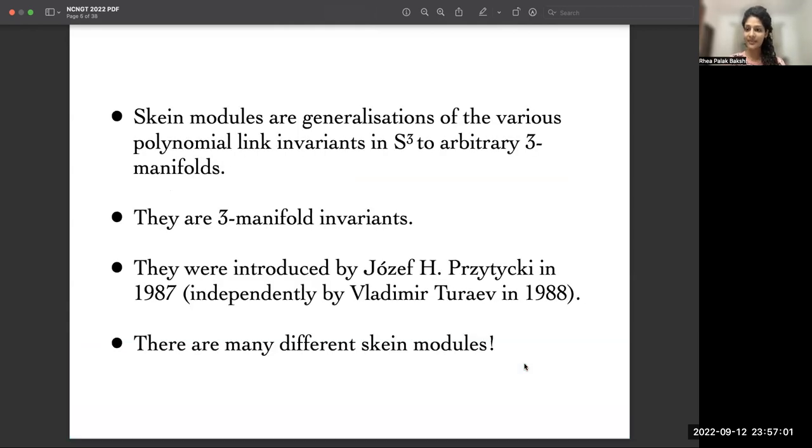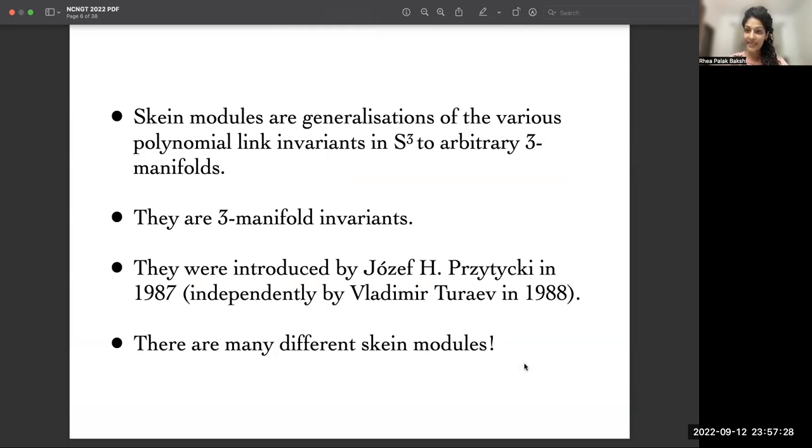So Skein modules are three-manifold invariants and link invariants, and they were introduced by Józef Przytycki in 1987 and independently by Vladimir Turaev in 1988. And there are many different Skein modules that you can associate to a three-manifold. And the reason for this is that you can take links in your three-manifold to be either up to homotopy or isotopy or oriented or unoriented, and so on.